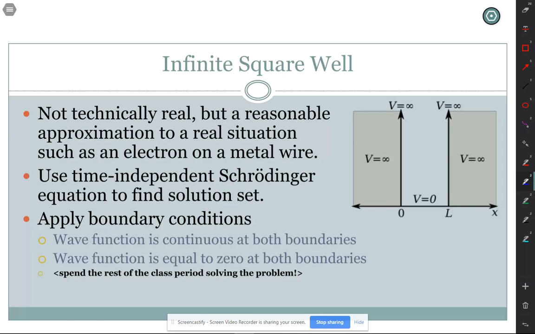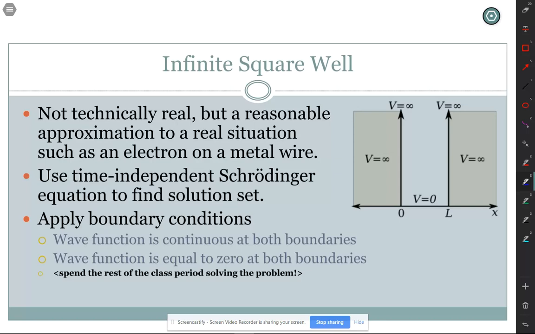So particle in a box or infinite square well, they mean the same thing. I will say particle in a box because that's what I was taught when I was your age. What it means is you have a box, and you can think of it as a quantum analogy to a real physical box.